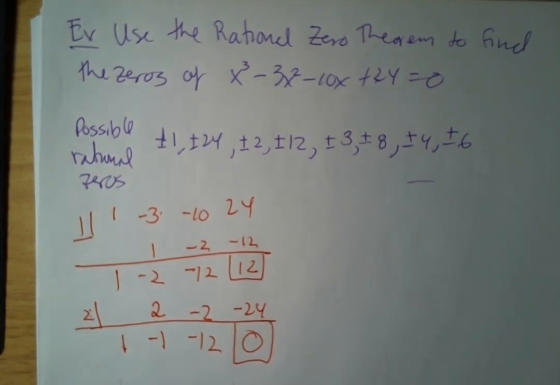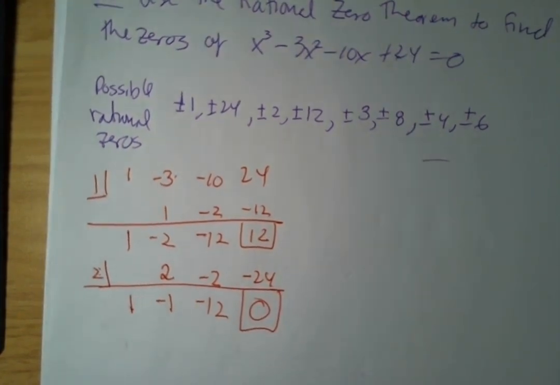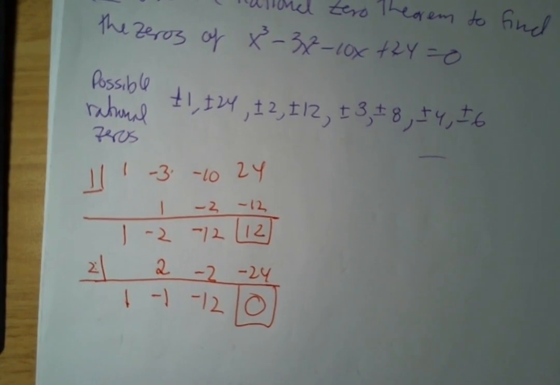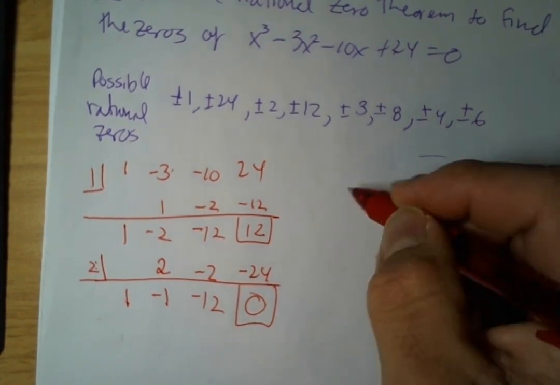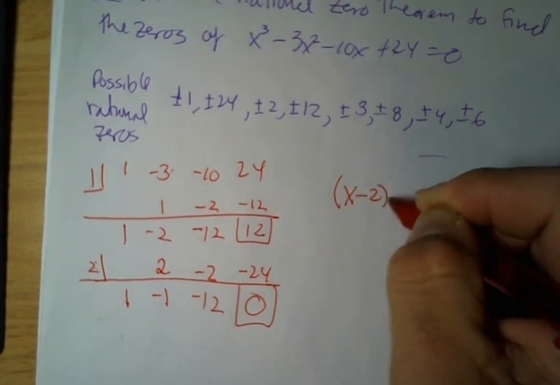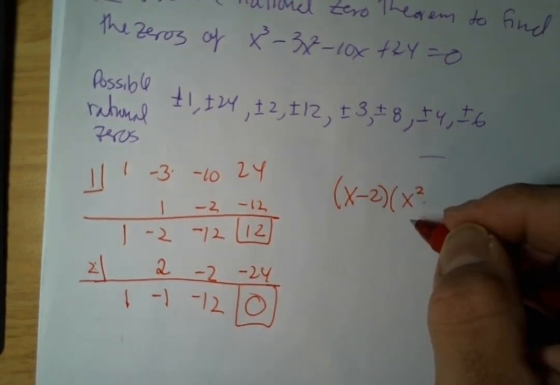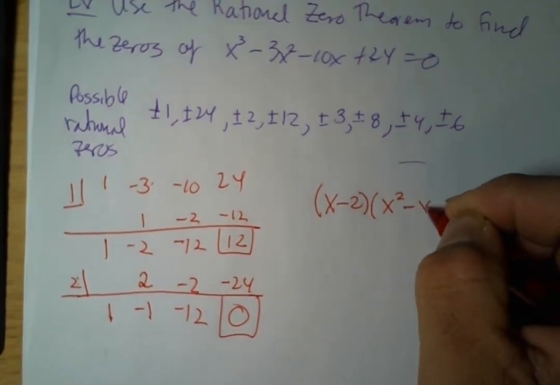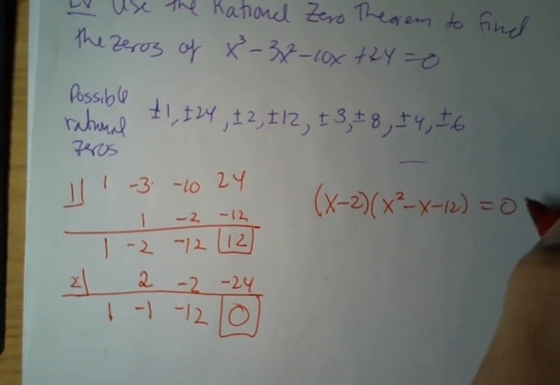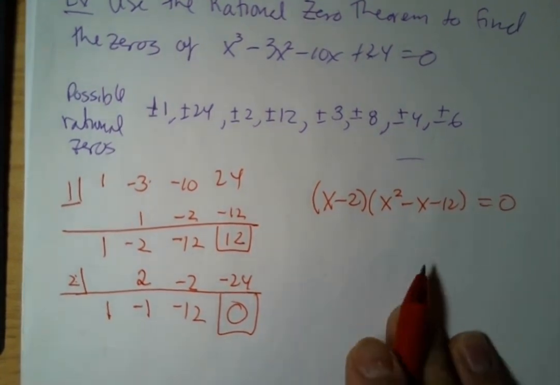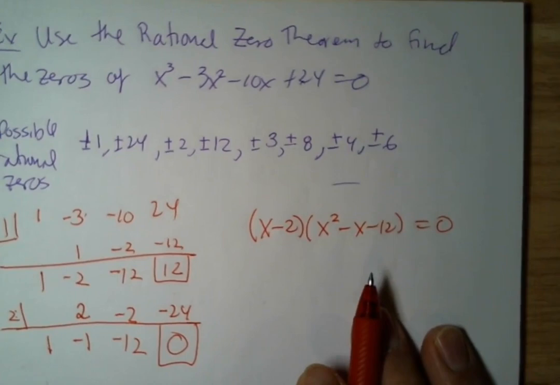Success here. Now I don't actually need to go further in my synthetic division. I have one factor, and then I have a quadratic polynomial here, which I will try to either factor or use the quadratic formula to solve.